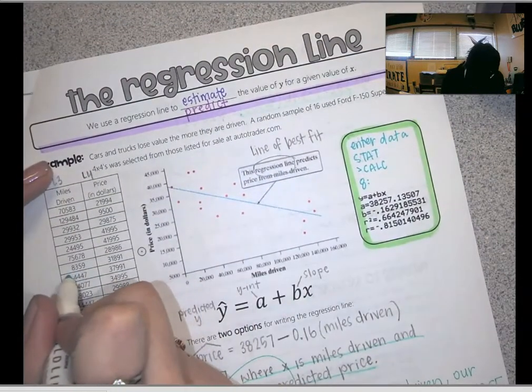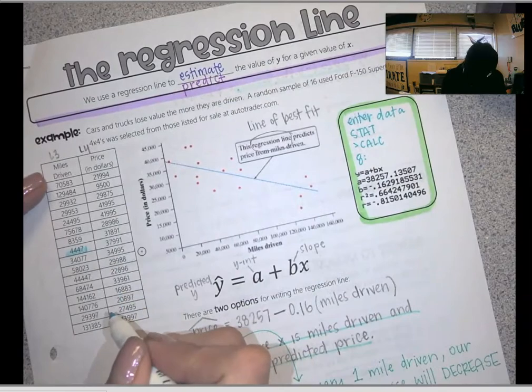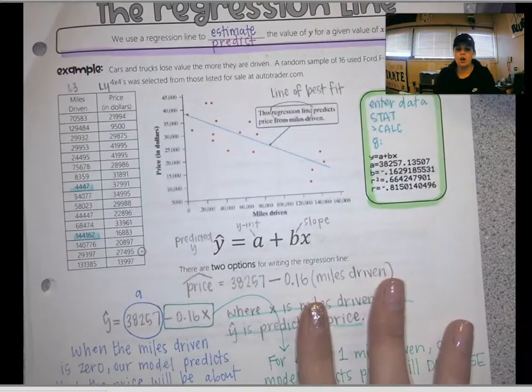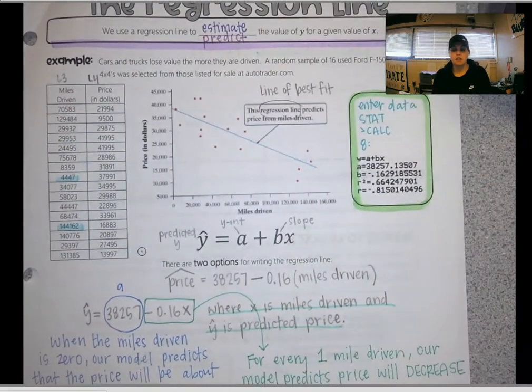Lowest looks to be about 4,500. Highest is 145,000. We should not predict a price for any trucks that were driven less than 4,000 miles or more than 145,000 miles because we only have data on trucks that have been driven from about 4,500 to about 145,000.